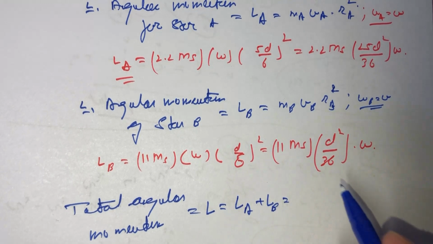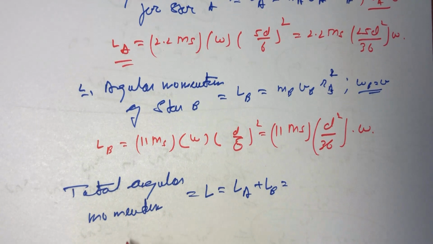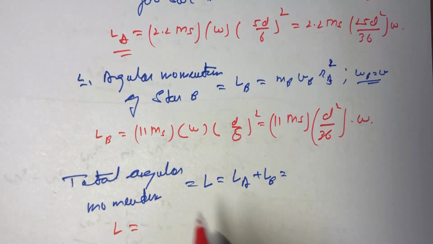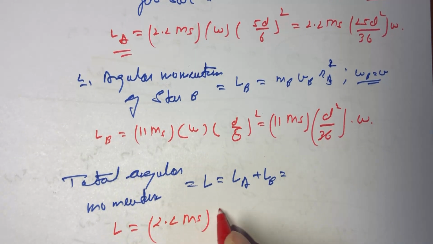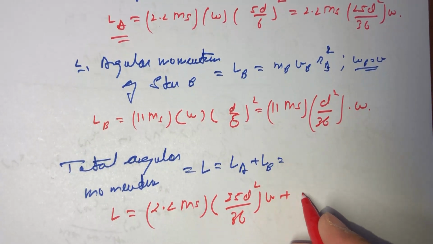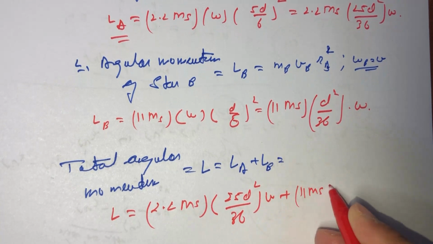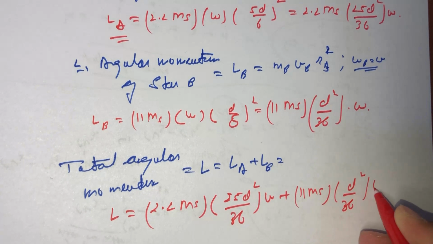Substituting the values of LA and LB, we get L is equal to 2.2 ms and 25 d square upon 36 omega plus 11 ms and d square upon 36 omega.